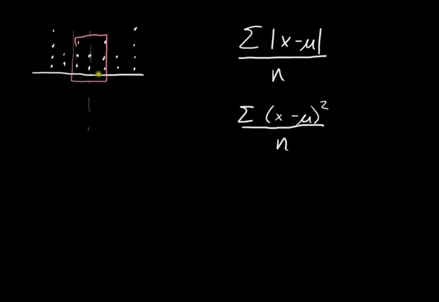I don't want to count that as being very, very far from the mean. On the other hand, these on the outside are definitely away from the mean. So I want to count things that are far away more heavily than the things on the inside. If I just take the absolute value, this counts all the points with the same weight.